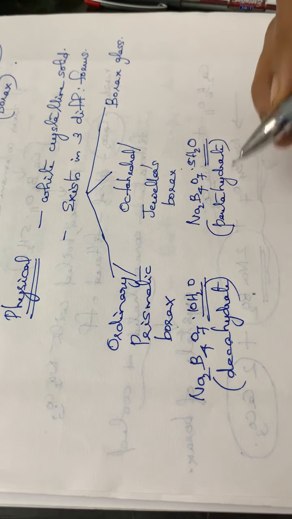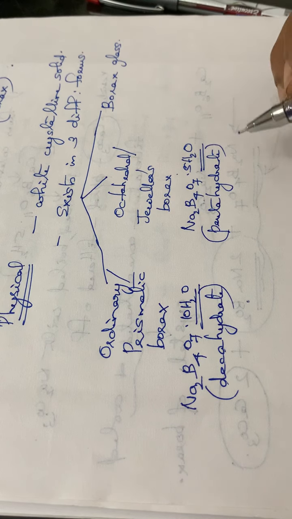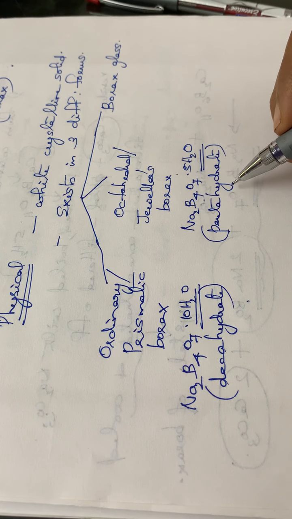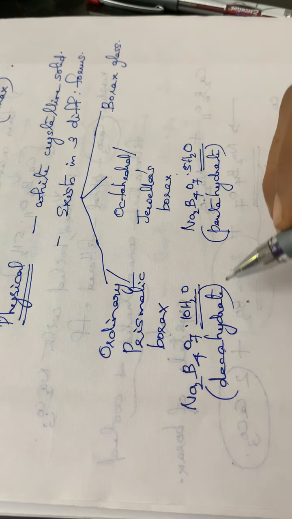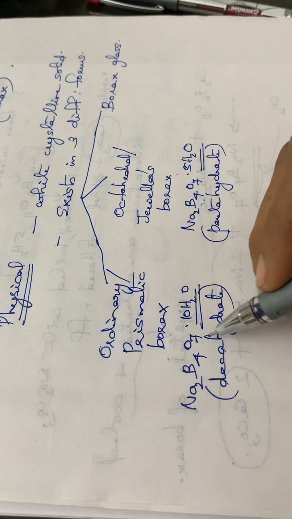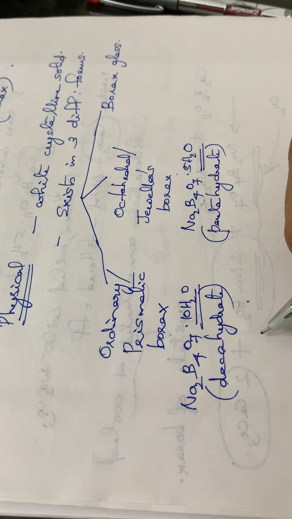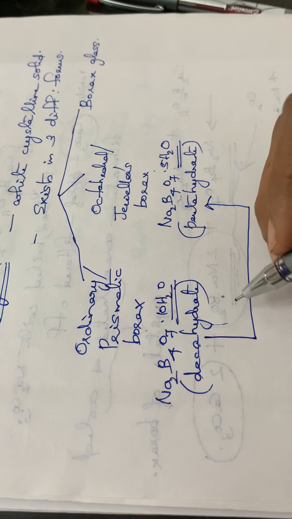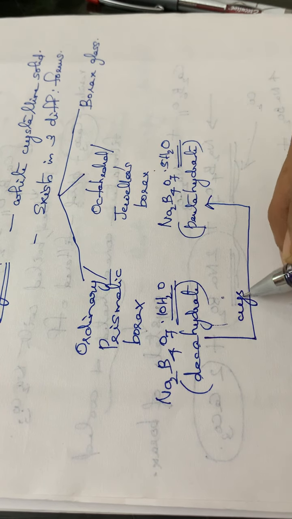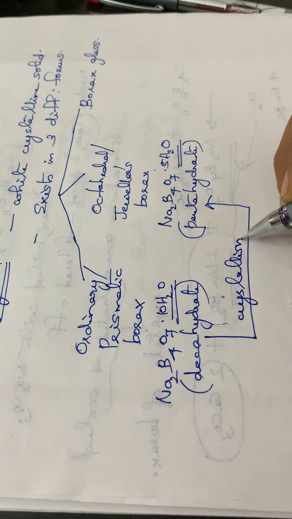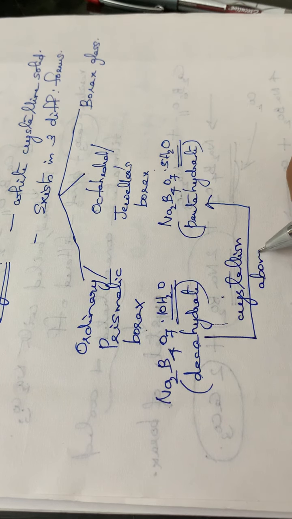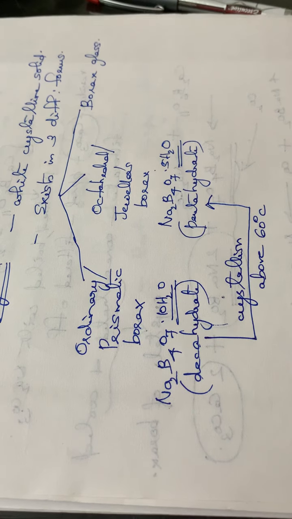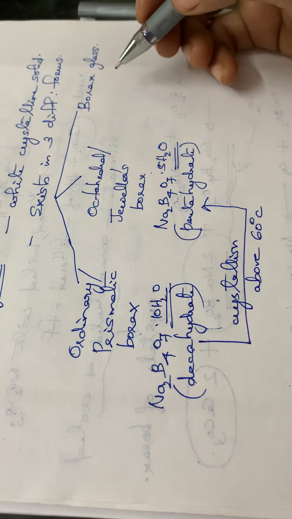This pentahydrate is obtained by the crystallization of ordinary borax above 60 degrees Celsius.